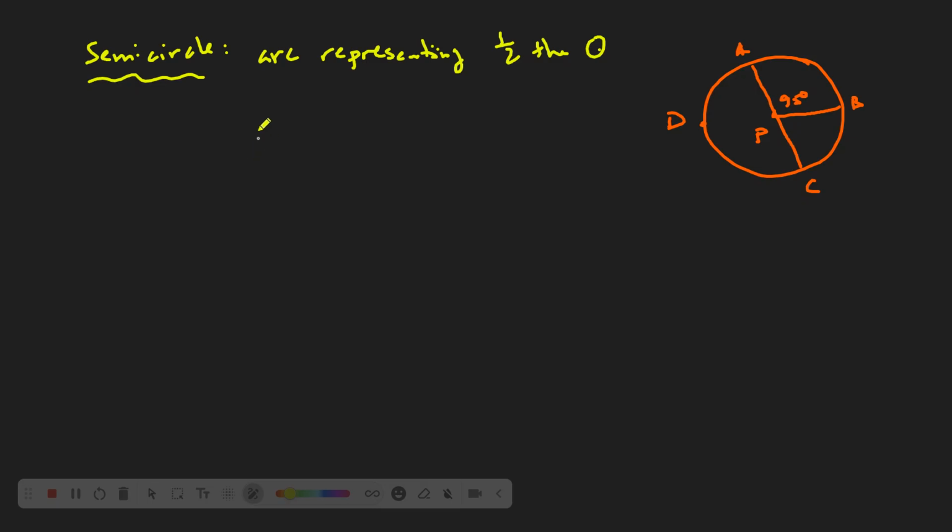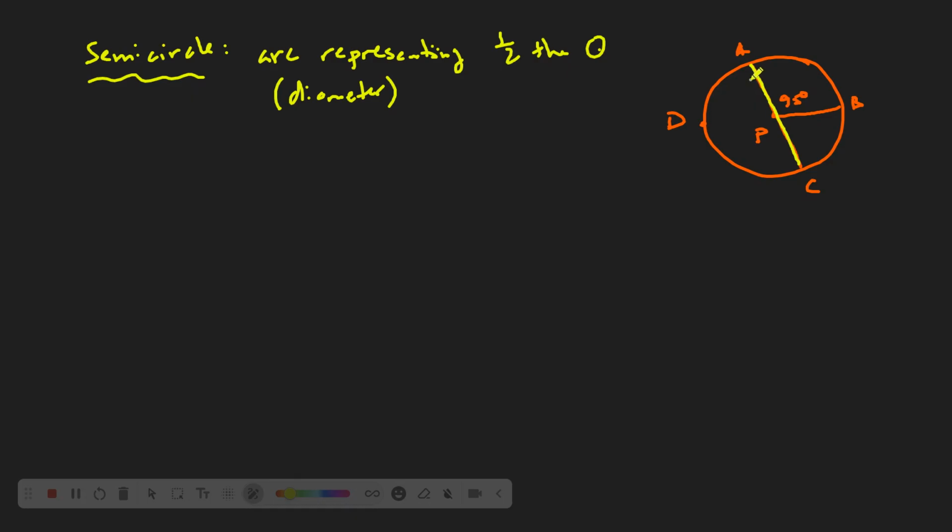When you think of a semicircle, I want you to think of a diameter, because a diameter is a segment that splits the circle into two half circles. So the two arcs that the diameter splits it into are both going to be semicircles. So the diameter in this picture is AC, which creates two arcs. Now there's an arc starting at A going clockwise and an arc starting at A going counterclockwise.